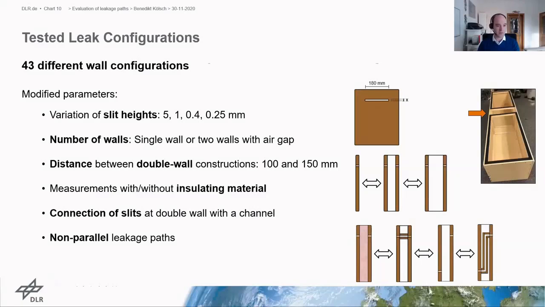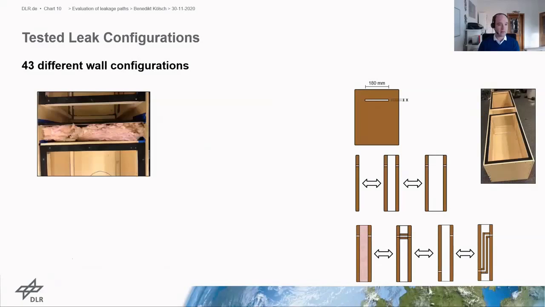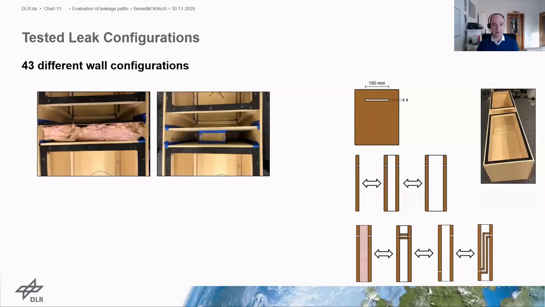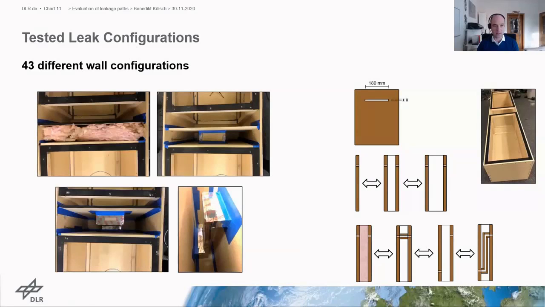For reference purposes, we investigated blank walls without any openings as well. Here are some pictures of how it looked in our setup. This is, for example, a setup with insulation material in between. This is a straight connection between both walls, but without any insulation. And this is, for example, a non-parallel leakage path with a connection between both of them.